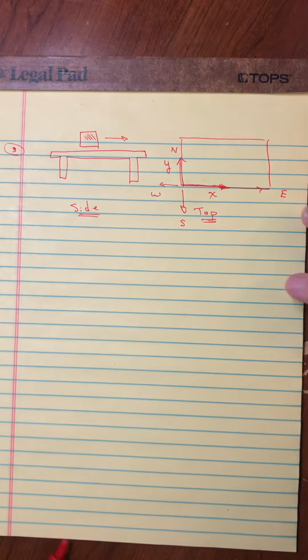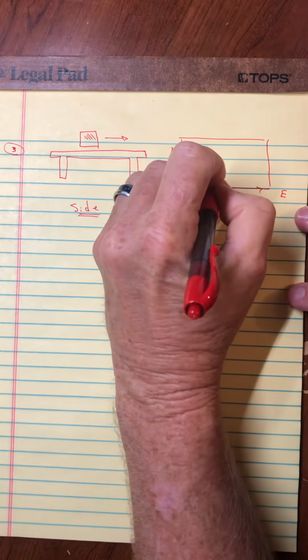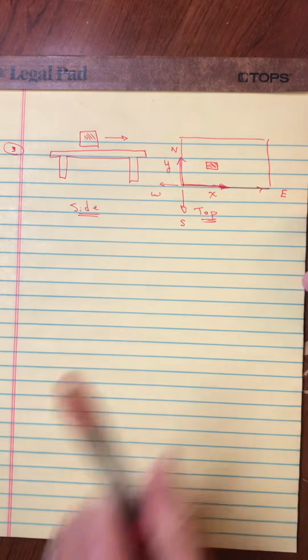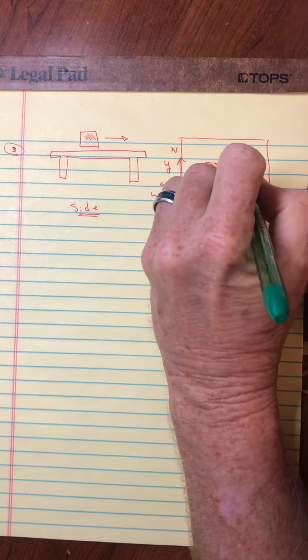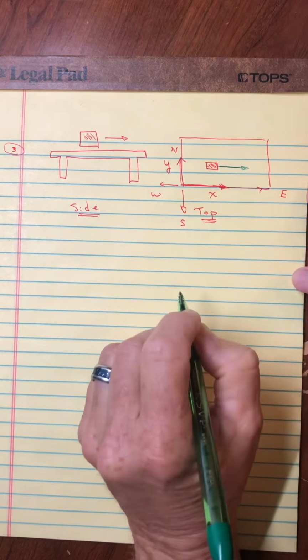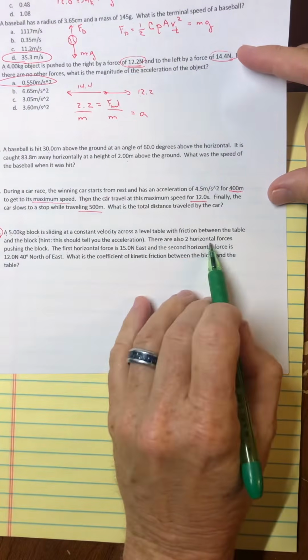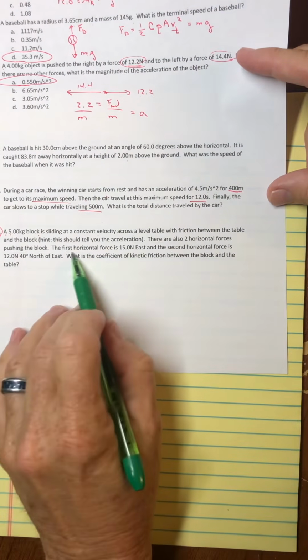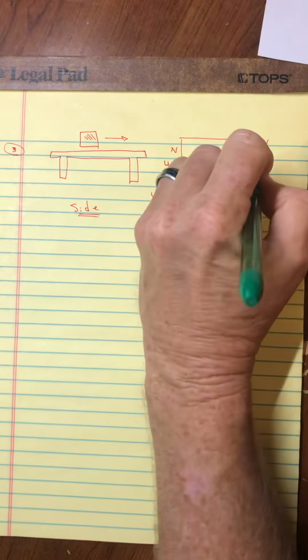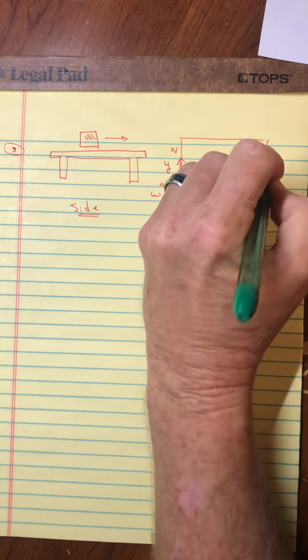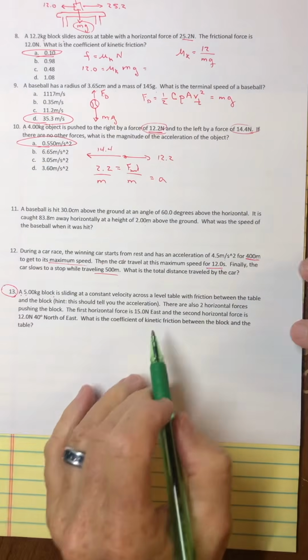So in this top view, this is my box. They're saying that I have one force, I'll label it in green. So there are 2 horizontal forces pushing on the block. The first one is 15 east. So it's directly along the x-axis. Okay.